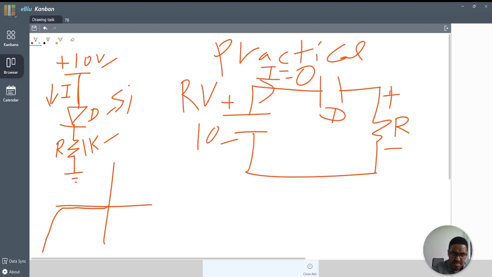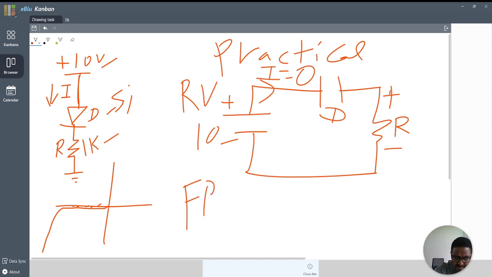This is the reverse-biased practical diode. Some minority current flows, but not a real current.